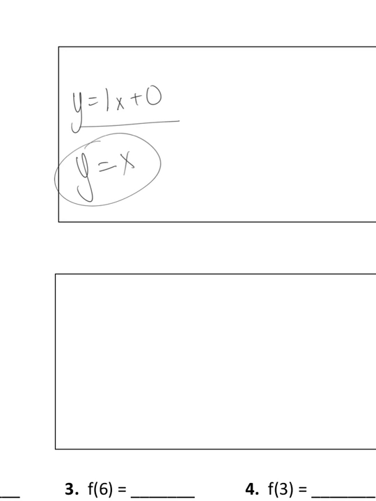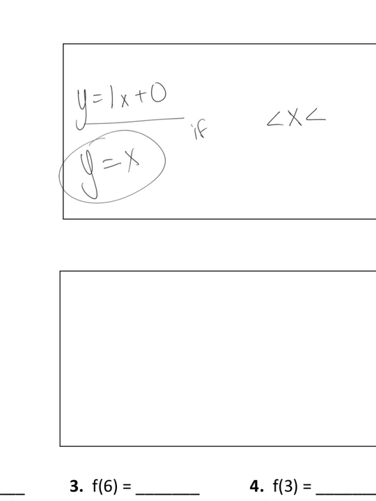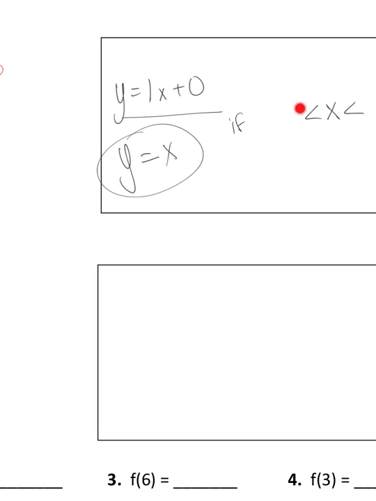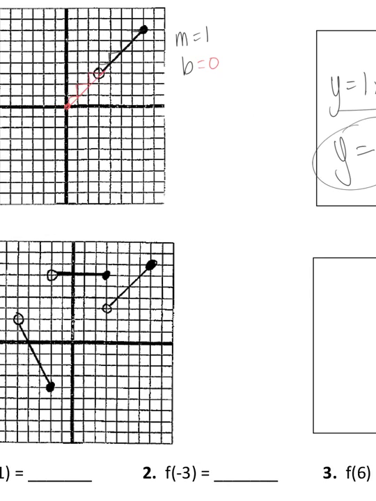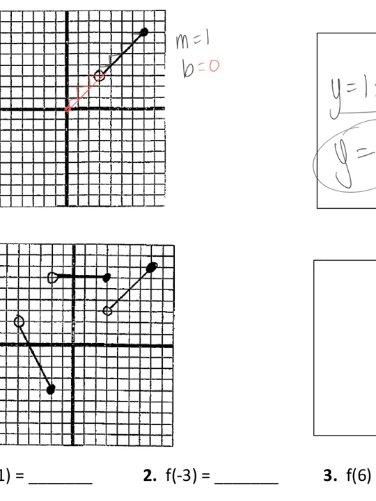Of course, this graph is not going the entire distance of the page or going on for infinity, so we need to put a domain restriction here. The domain restriction, again, always starts like this, and then you just need to find your leftmost point and your rightmost point. The leftmost x value comes from here, which is x is positive 1, 2, 3, and the rightmost value comes from here, which is x is 5, 6, 7.